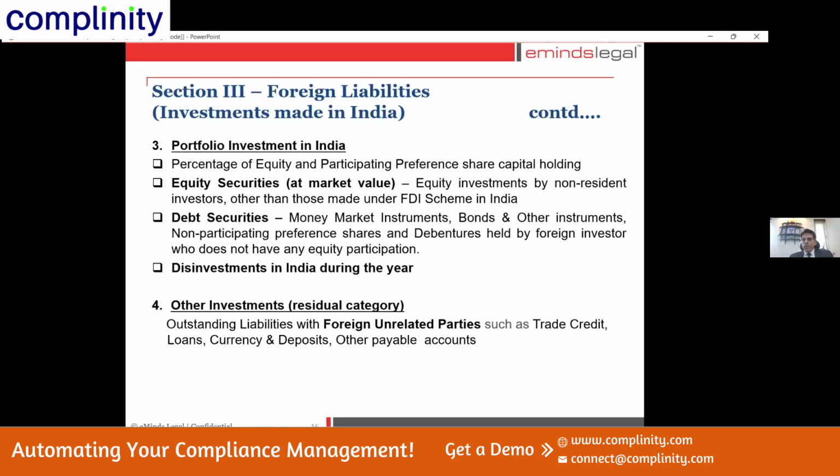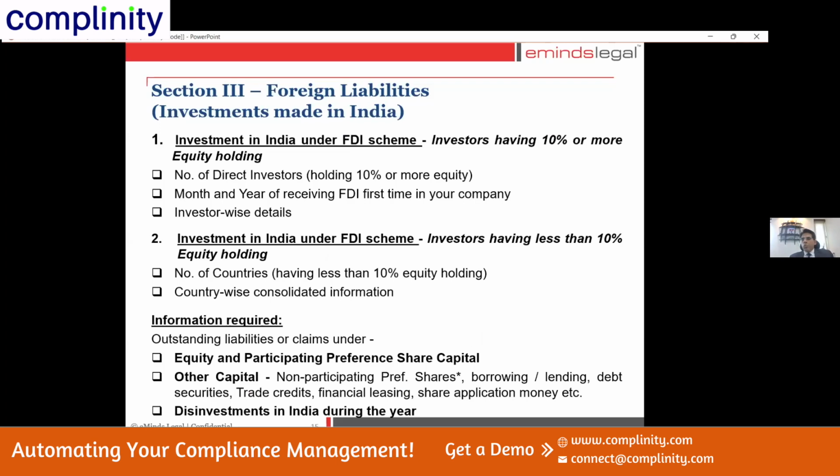Then debt securities. If the company has issued any money market instruments, bonds, and other instruments of maturity of more than 1 year, non-participating preference shares and debentures held by foreign investors who do not have any equity participation. In case the investor has an equity participation, it will be covered in point number 1 or point number 2, more than 10% or less than 10%.